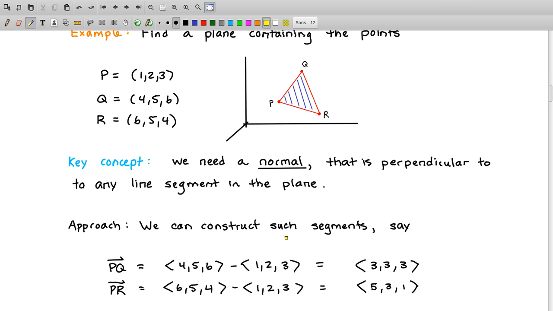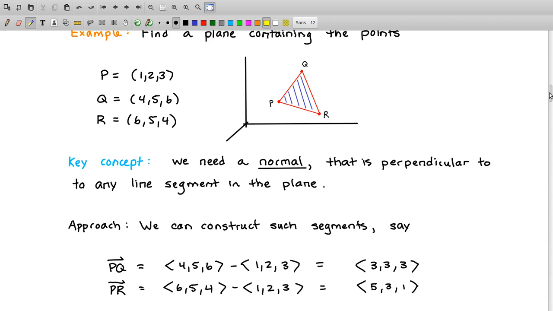So you can construct these 3 segments any way you like. I've used P as a common vector tail, and then PQ is one vector and PR is the second vector. So I take Q minus P, gives me 3, 3, 3, and R minus P gives me 5, 3, 1.